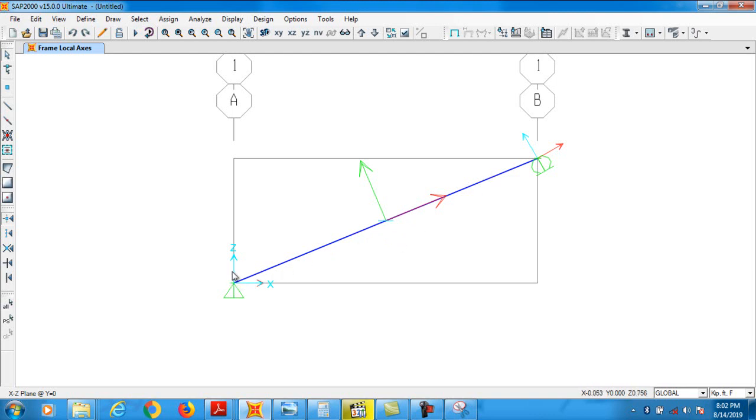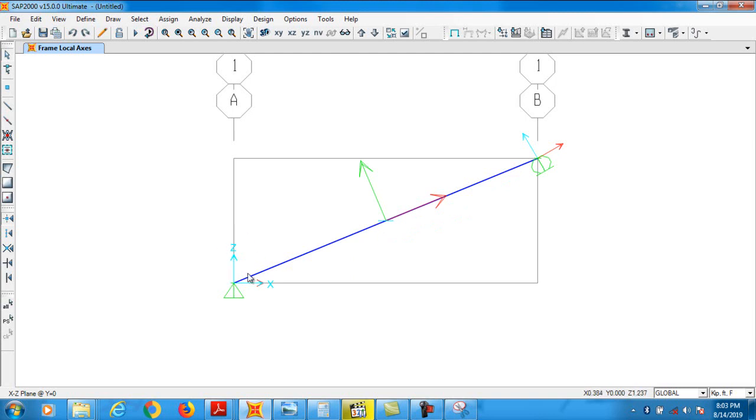You see that the global axis, this is x, y, z, and the y direction is passing through the screen. Now you see that these are the local axis of this line element. X axis is along the line element, y axis is perpendicular to the line element, and z axis is passing through the screen here.